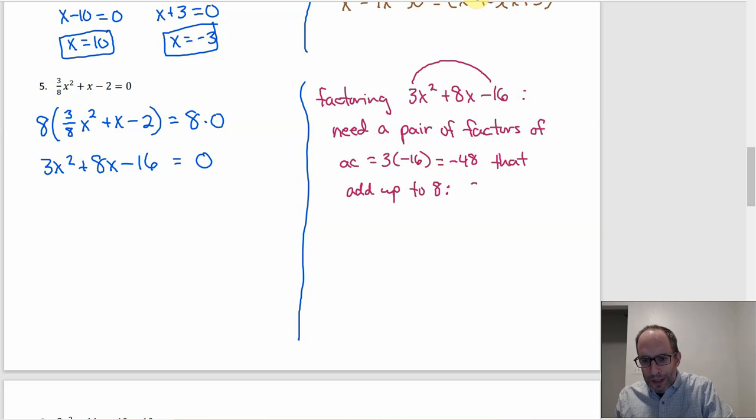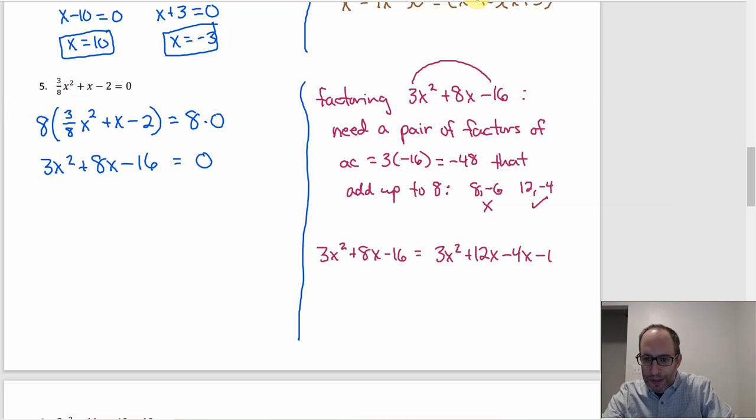So let's see. 8 and negative 6, that's not going to work, right, because that adds up to 2. 12 and negative 4. Yeah, right, that adds up to 8. So then 3x squared plus 8x minus 16 we could rewrite as 3x squared plus 12x minus 4x minus 16. And then we can factor that by grouping.